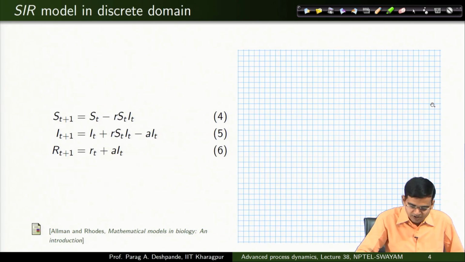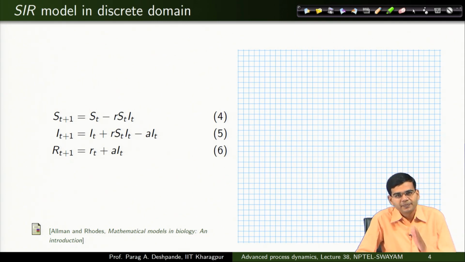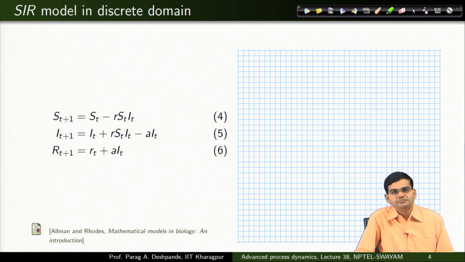What we have here in front of us are the model equations for the SIR model in discrete time domain. How do you do this? You define the population S, I and R at a given instant of time.